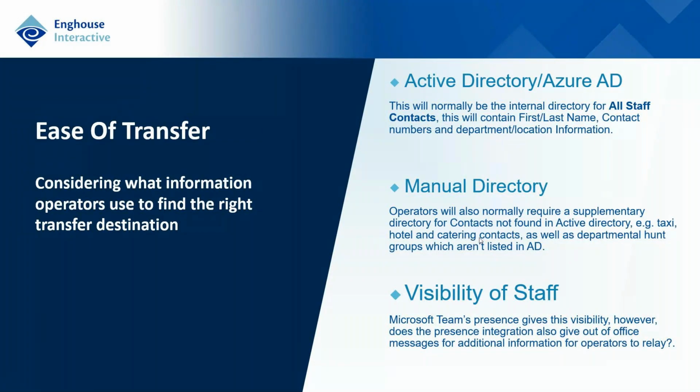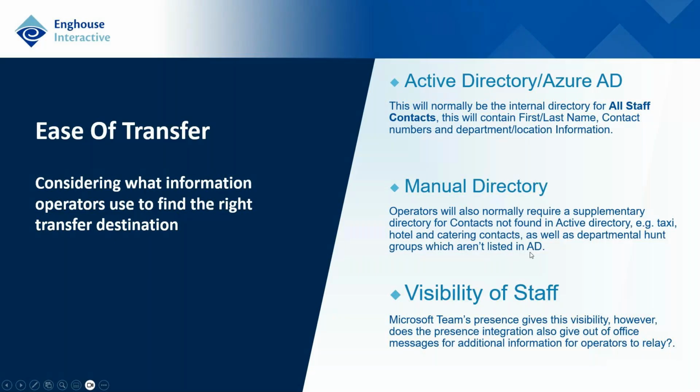There might also be other things that are listed within AD. If we think about individual people being listed within AD, however, there might be a number of departments or departmental hunt groups that you may need listed as well. If we were only to pull the contacts from the Azure AD and consider that the basis for the directory, we also need to consider these third-party numbers and departmental numbers that won't live in AD.